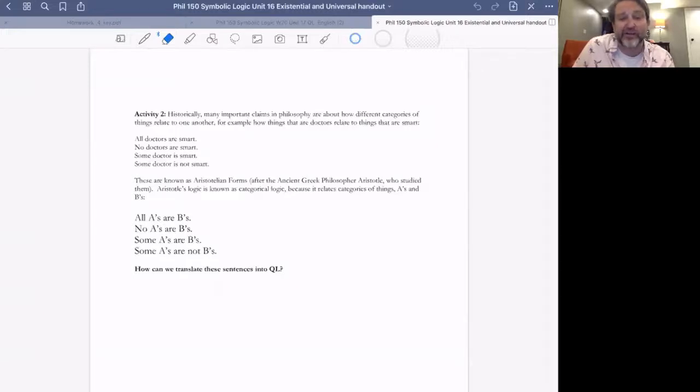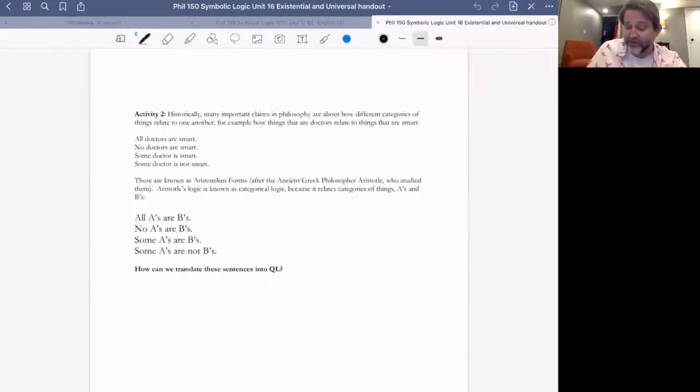So these are considered to be classic forms of sentences that are related to one another in some important ways. In fact, these were studied by the Greek philosopher Aristotle, and so they're known as the Aristotelian forms. And Aristotle's logic in particular is known as a categorical logic because it relates categories of things, A's and B's. So it relates those to one another. So in effect, what these sentences are saying, all doctors are smart, no doctors are smart, some doctor is smart, and some doctor is not smart, are the following.